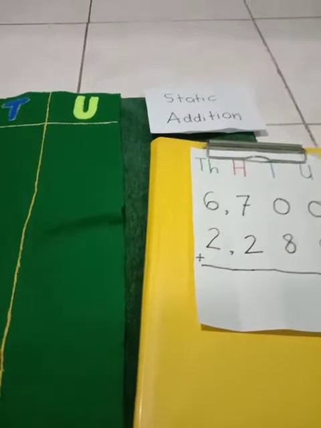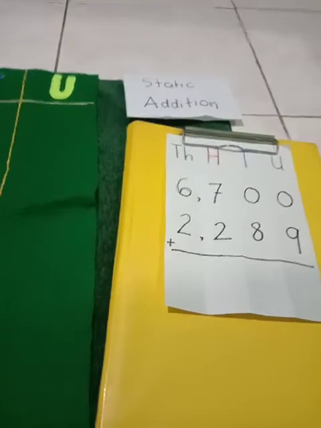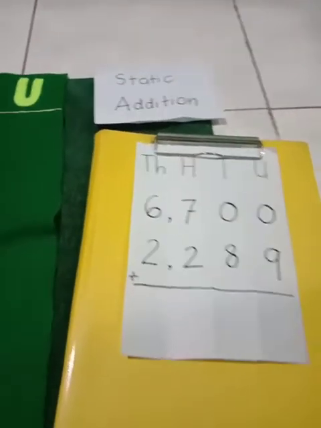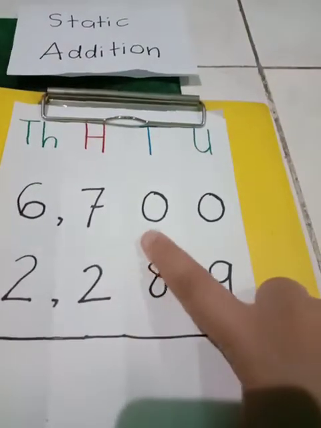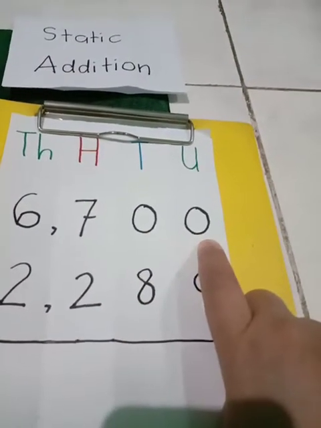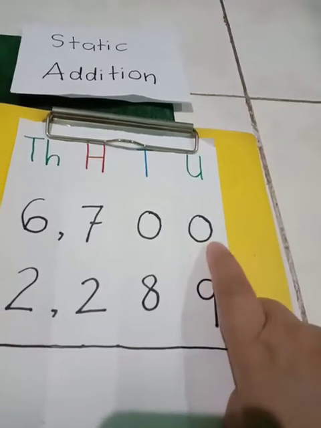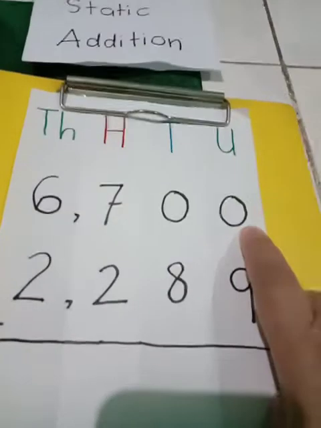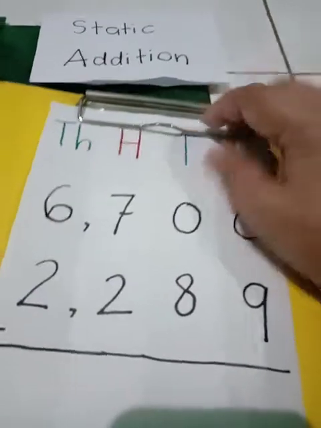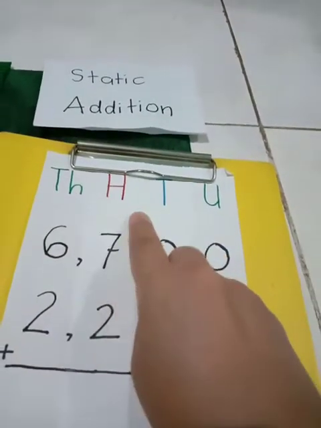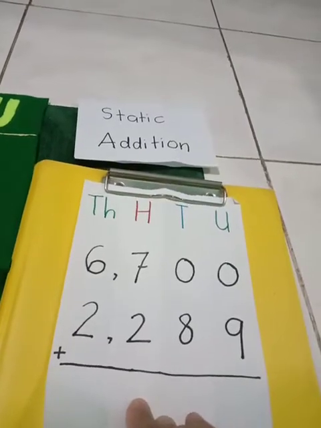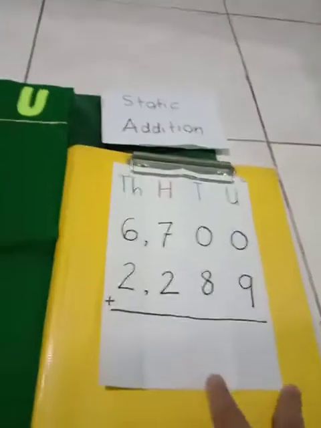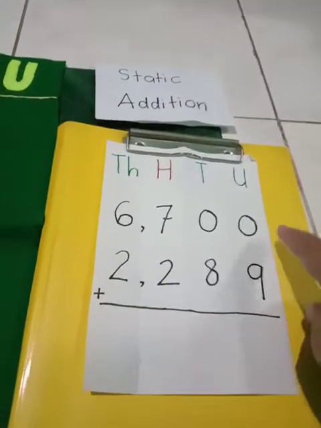So, are you ready for the next problem? The next addition problem? This time, we have 2 zeros in our problem for the first addend. Can you see the value here? Yeah. 1,000, 100, 10, and unit. So what number is the first addend?